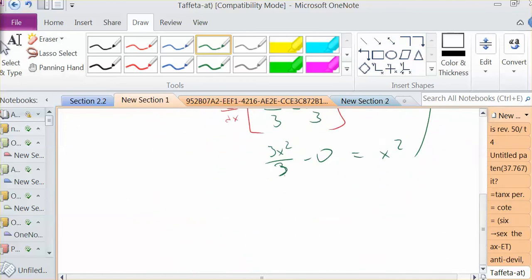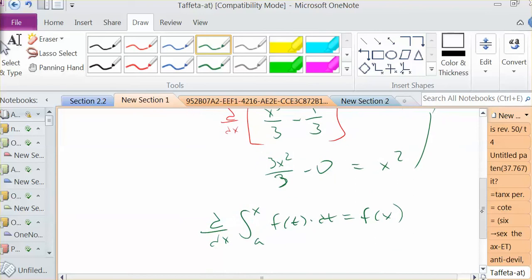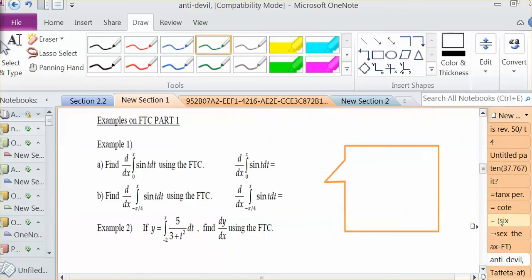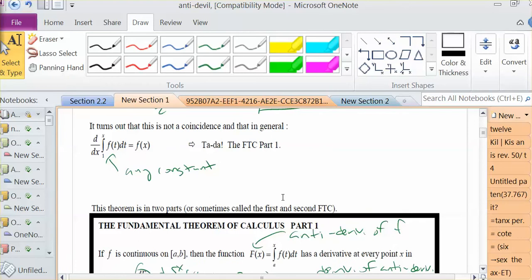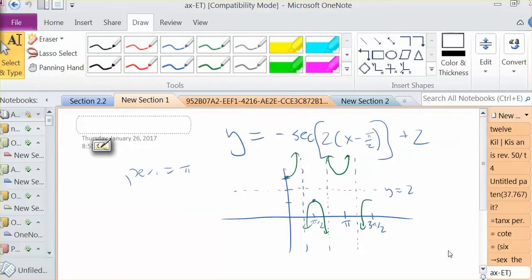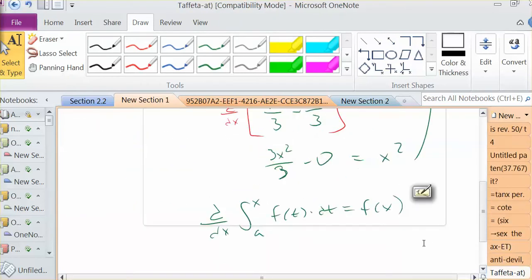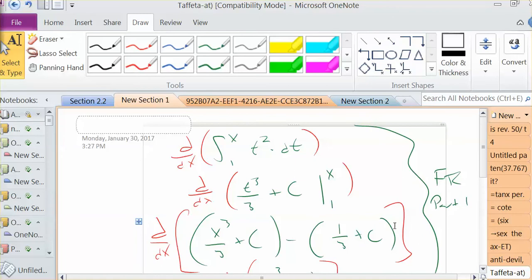And remember, FTC part 1 is just saying this: d dx of the integral from some constant, your lower limit, to x, your upper limit, of f of t dt equals f of x. Now, I did say earlier in our notes that our lower limit can really be any constant. And if we think about it, what if I change that to a 2? Okay, fine.